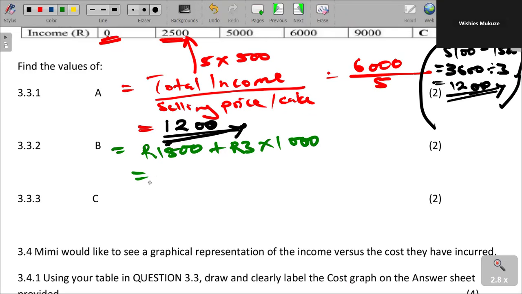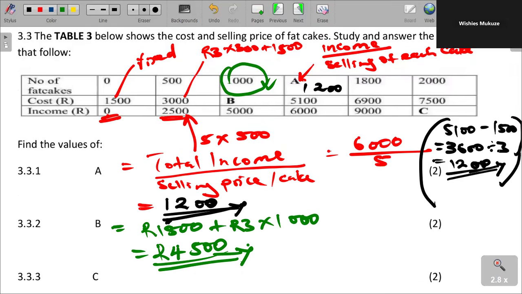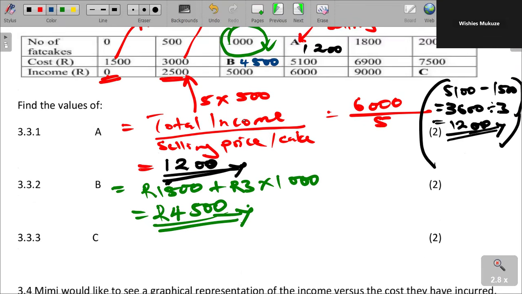Through the calculator, we get 4,500. 4,500 is what we get on B, which is obtained by our formula.